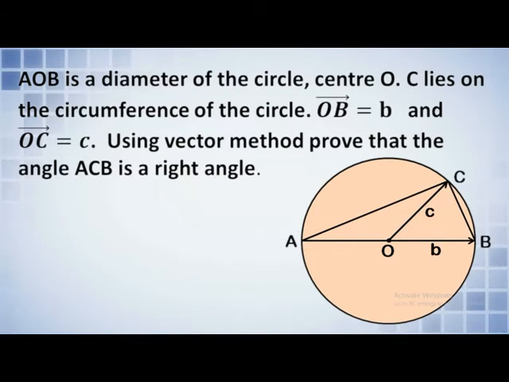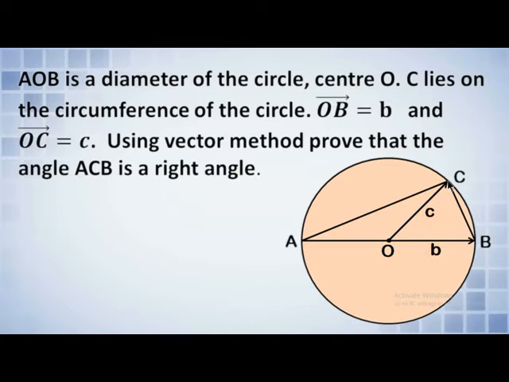Next, AOB is a diameter of a circle. The center is O. This is the center. It means AO is the radius and likewise OB is also a radius. C lies on the circumference of the circle.